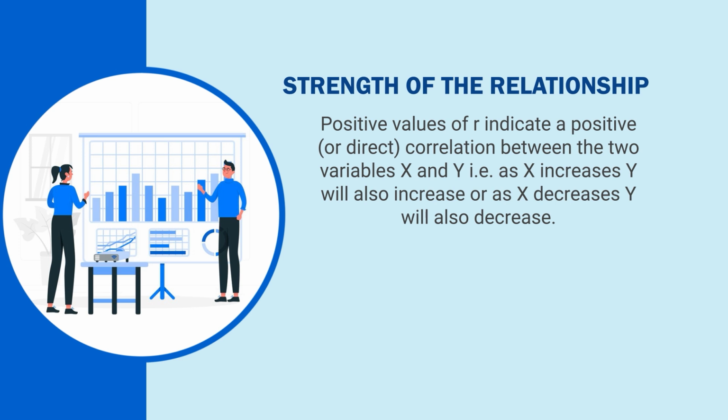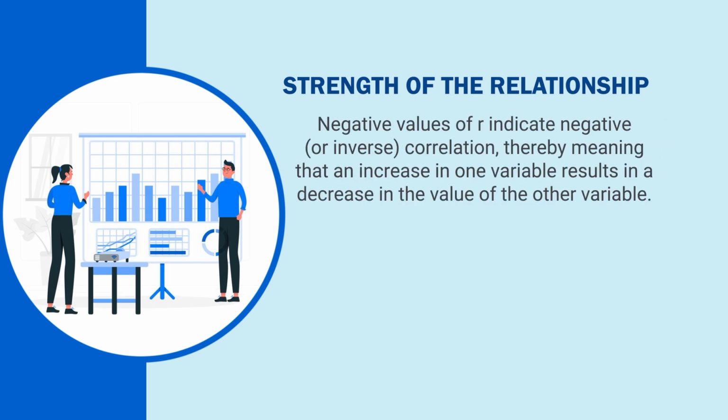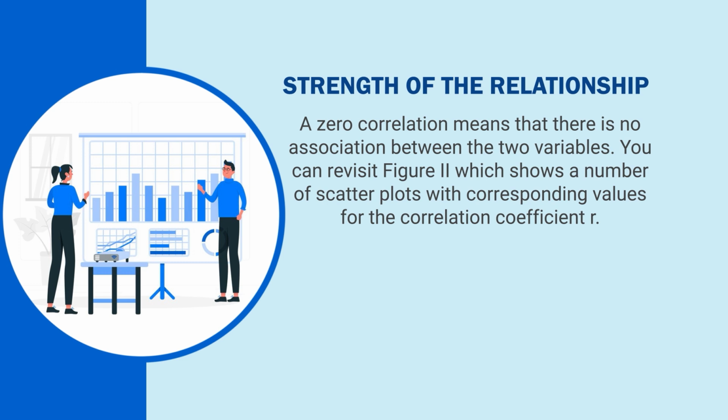That means as x increases, y will also increase, or as x decreases, y will also decrease. Negative values of R indicate a negative or inverse correlation, meaning that an increase in one variable results in a decrease in the value of the other variable. A zero correlation means that there is no association between the two variables. You can revisit figure 2, which shows a number of scatter plots with corresponding values for the correlation coefficient R.